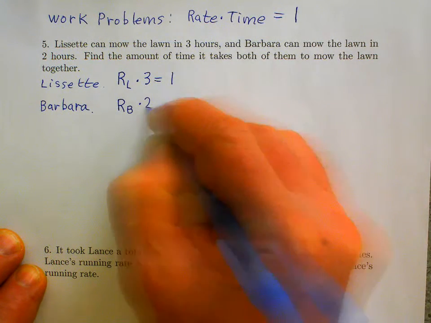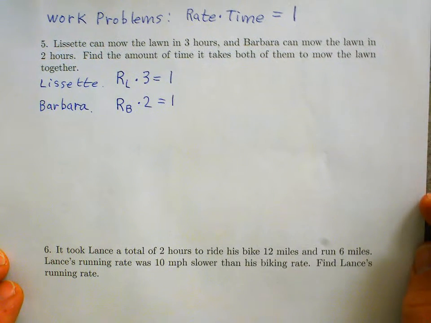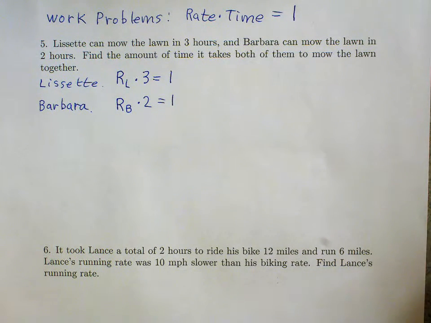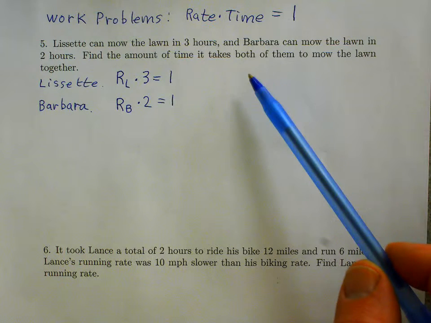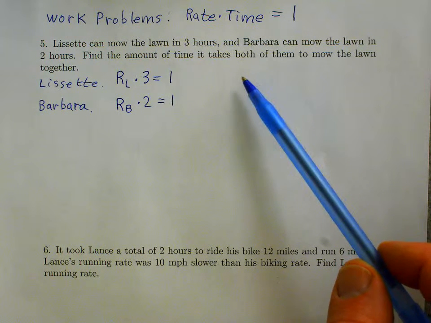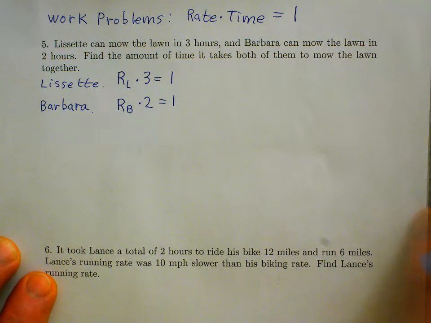And in 2 hours, she can mow 1 lawn. Then the last sentence tells us what we want to do. Find the amount of time it takes both of them to mow the lawn together.